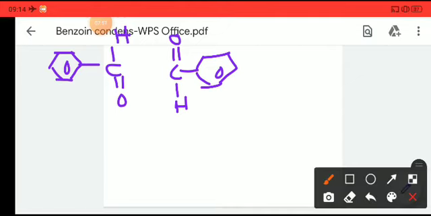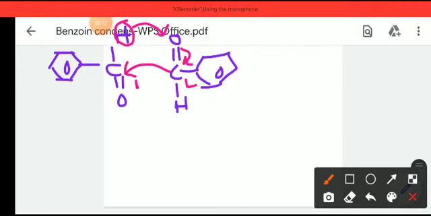You have to do one thing: you take this hydrogen to this oxygen, and the double bond will break. If the double bond breaks, then there will be a negative charge on the carbon. So this negative charge will be donated to this carbon, so carbon number 2 and carbon number 1 get bonded.